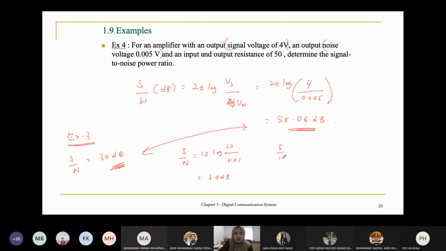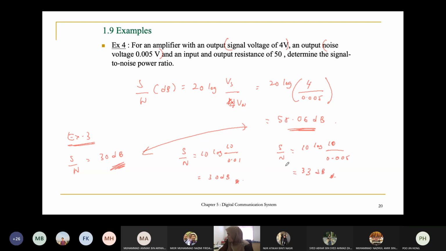But if you have the same system with the same signal power, 10, so 10 log 10 divided by, but now the noise power I make it 0.005. So 0.01, this is 0.005. If you calculate, this one you will get 33 decibel.